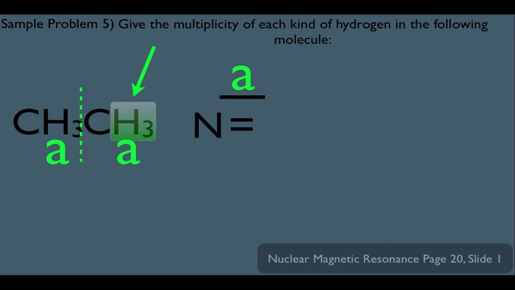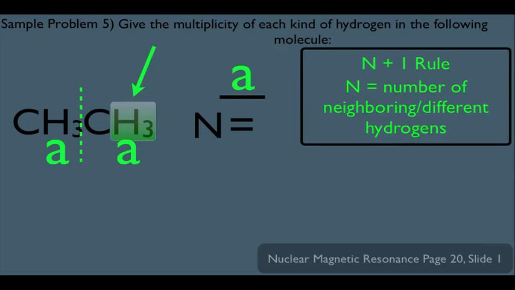But remember, the N+1 rule says that N is the number of neighboring different hydrogens. Notice these hydrogens in the green box are not different from the A hydrogens. They are actually A hydrogens. So since they're not different, we don't count them, meaning the N value for the A hydrogens in this case is 0.